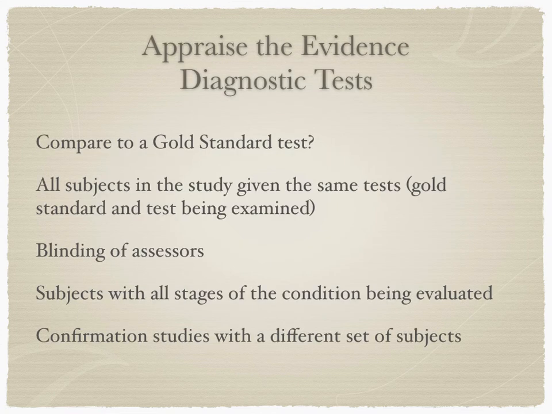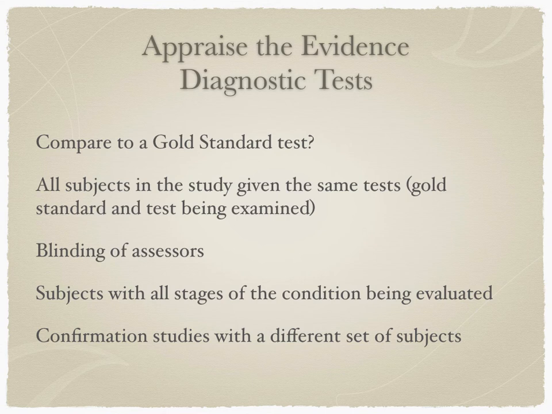Next, we're going to look at appraising the evidence of diagnostic tests. Typically, a diagnostic test is compared to a gold standard test. Questions to ask are, were all the subjects in the study given the same tests, both the gold standard and the test being examined?